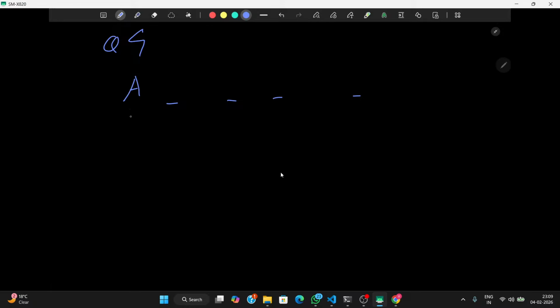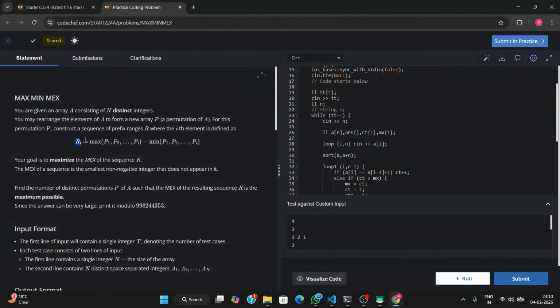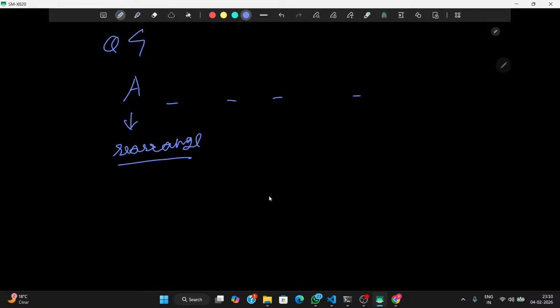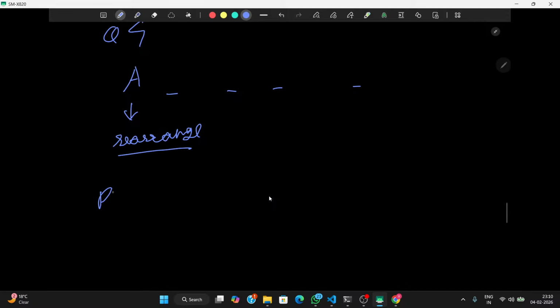We need to rearrange it such that the array R, which is given by Ri equal to the max of the first i elements of the array P minus the minimum of the first i elements of the array P. So after rearranging the array, we need to construct an array R where Ri is equal to max of P from 1 to i minus min of P from 1 to i.